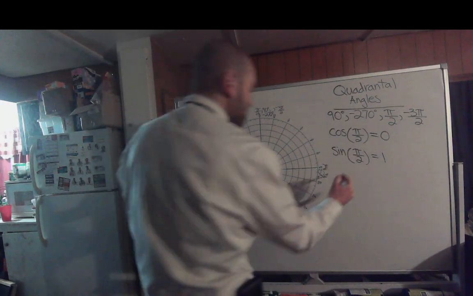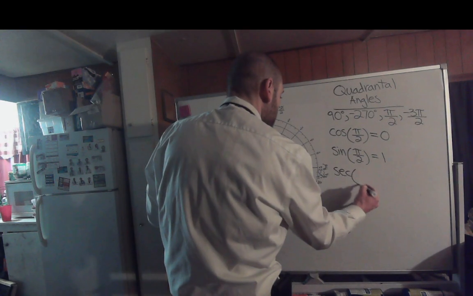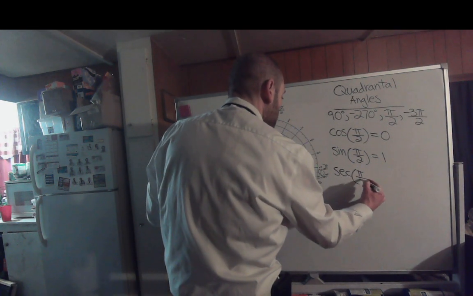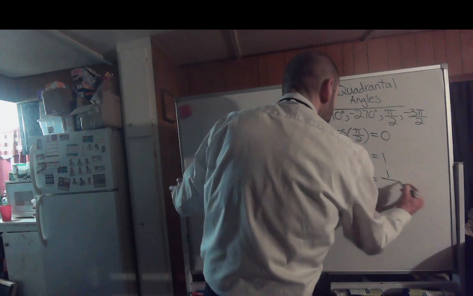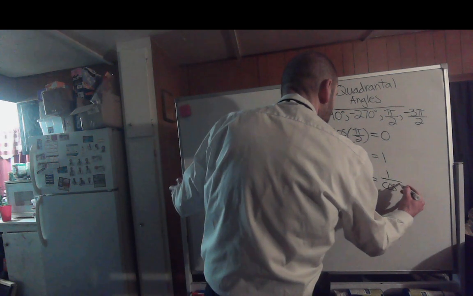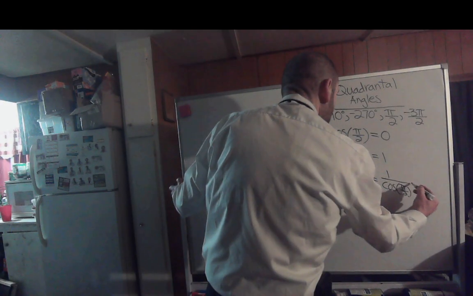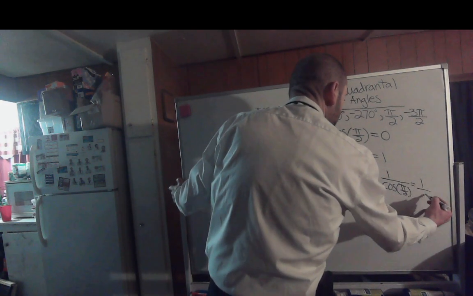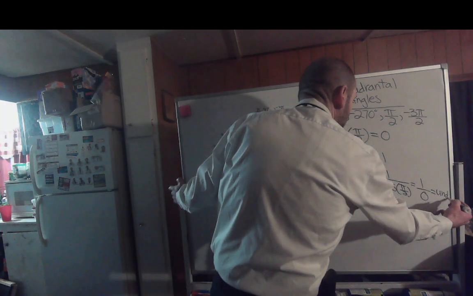Now we can easily find the secant of pi over 2. That, of course, is going to be equal to 1 divided by the cosine of pi over 2, which would end up giving you 1 over 0, meaning that the secant itself is undefined at pi over 2.